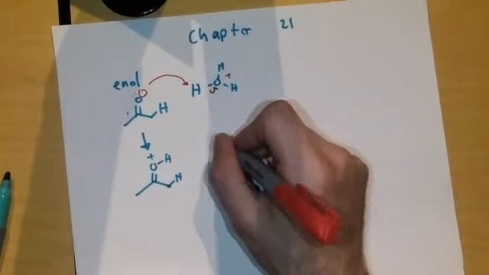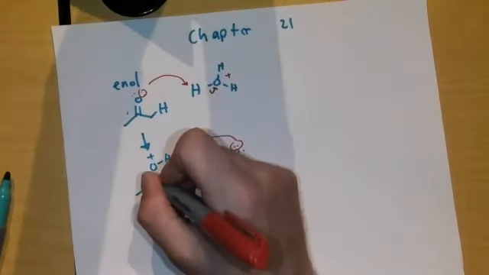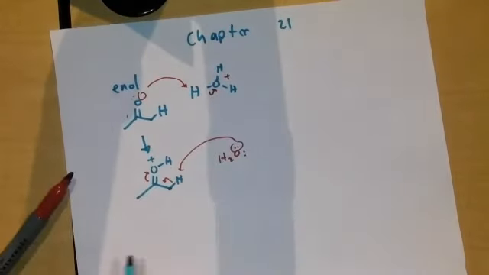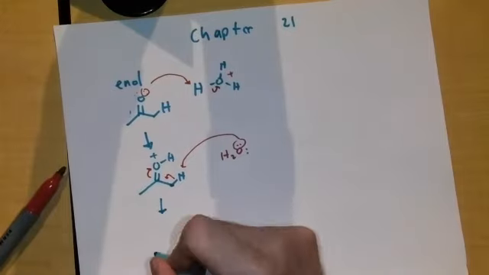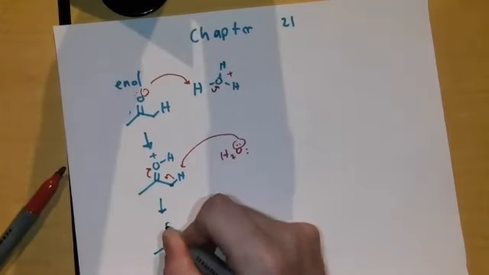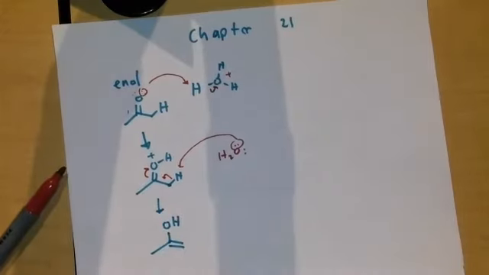It's 1 away from our carbonyl. And we're going to generate this, which is called an enol.